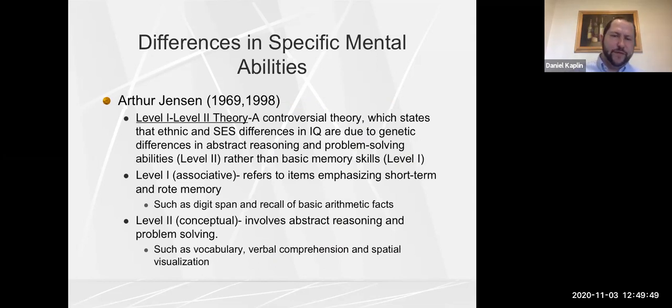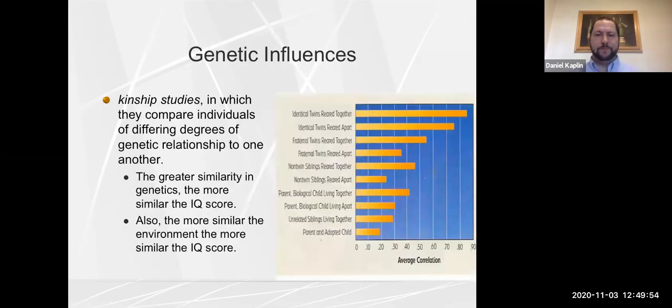So if these differences in IQ are truly just genetic. So let's start with kinship studies. So kinship studies, kinship is your relative, familial, or genetic relationship. So how closely you are related on a genetic level.